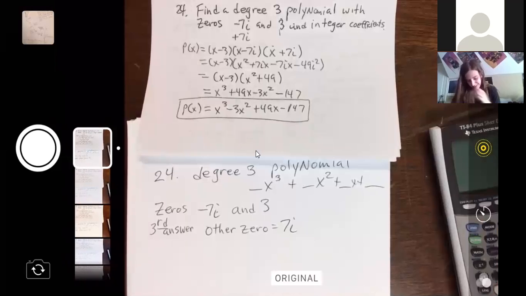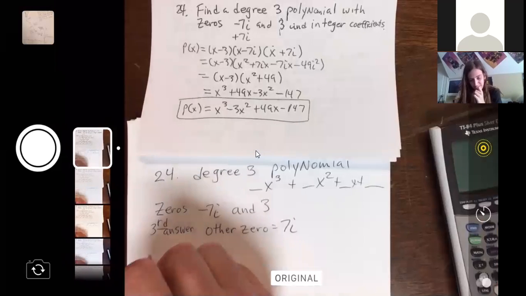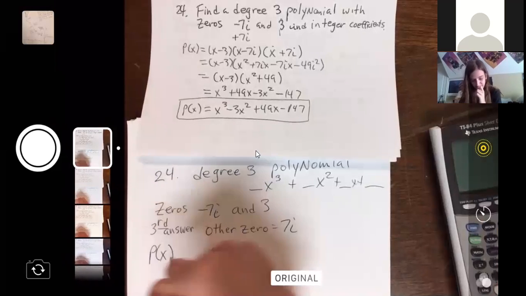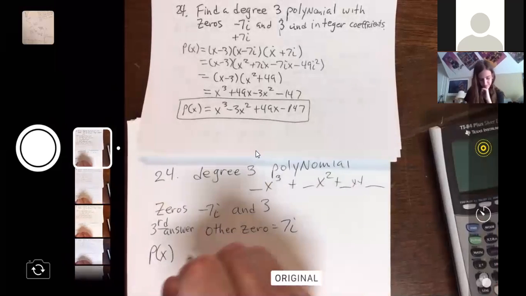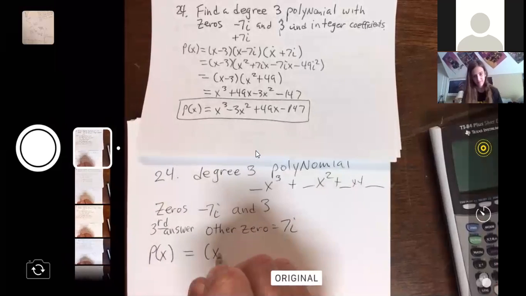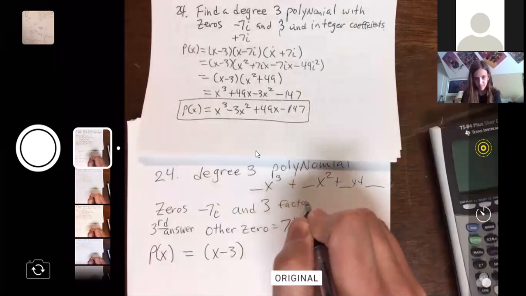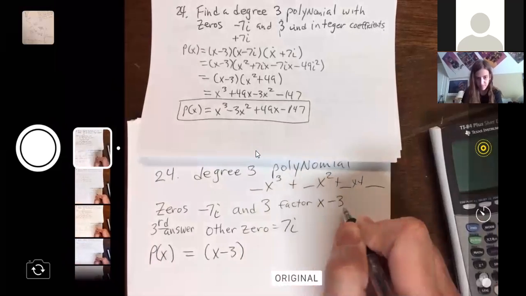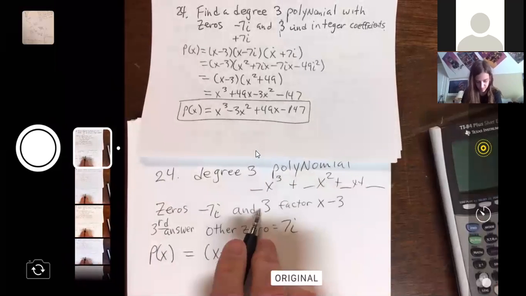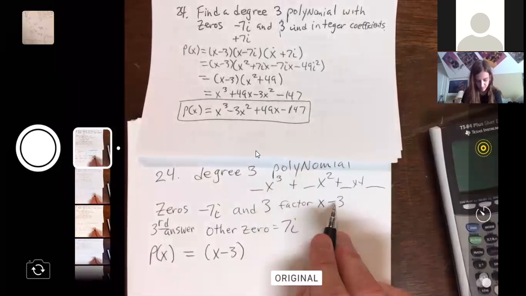Right. All right, so this means I can start creating my formula, my polynomial. Well, I can put the x minus 3. Remember, if 3 is a zero, your factor for that is going to be x minus that number. If this was negative 3, it'd be x plus that. And you always switch the sign for the factor. You remember that?